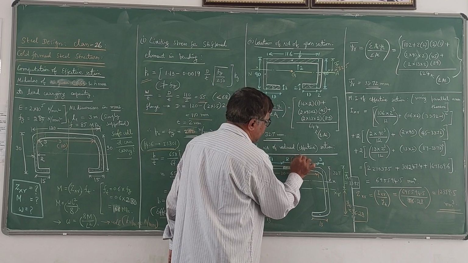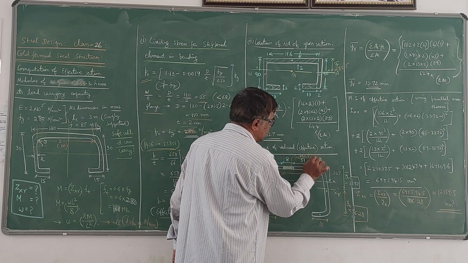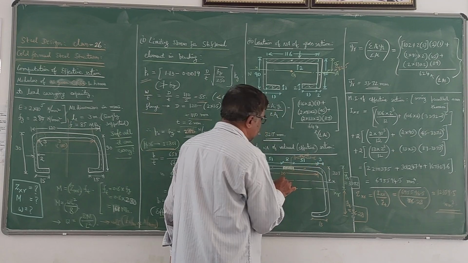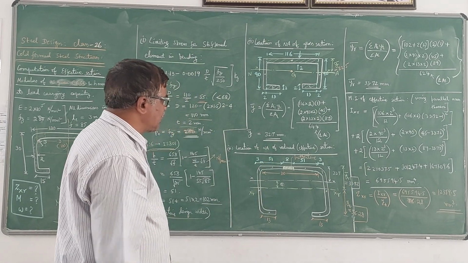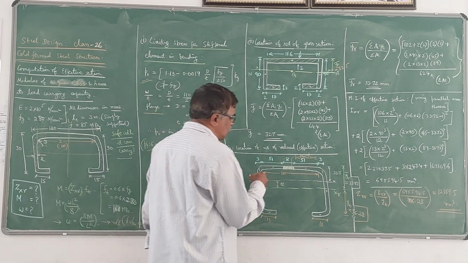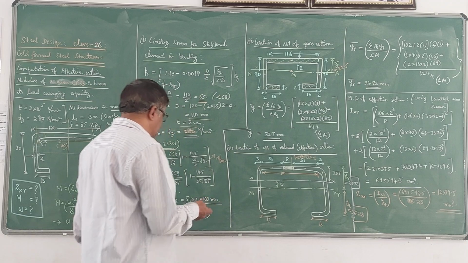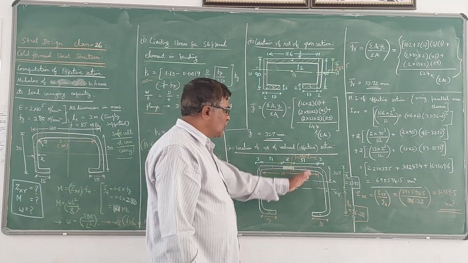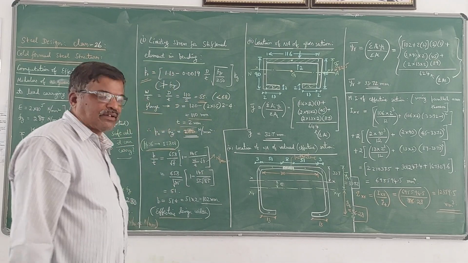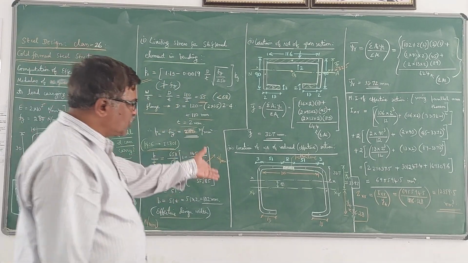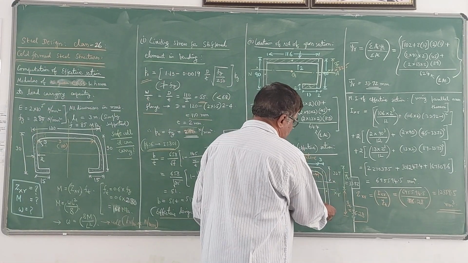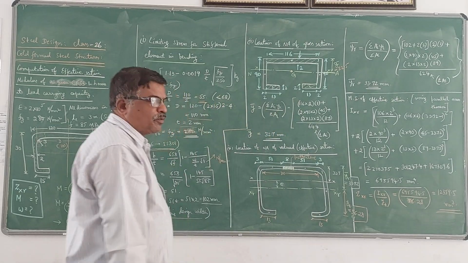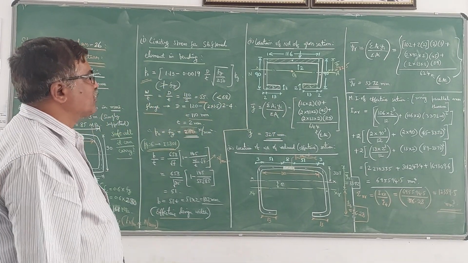So only this portion is ineffective from this gross section. So the rest of the things are effective. You can see that the total is 110, so only 102 mm, that much is effective now. So all remaining portions are effective here. The web portion is effective and the lip portion is also completely effective.